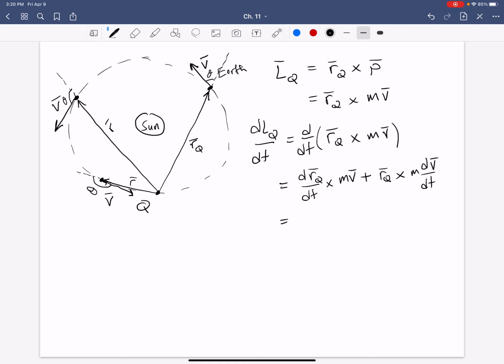Well, let's see here. What is dr/dt? That's a change in distance over a change in time. Distance over time, that's a speed. That's a velocity. So really, this first term here is v, right? That's the rate of change of the length of this r vector.